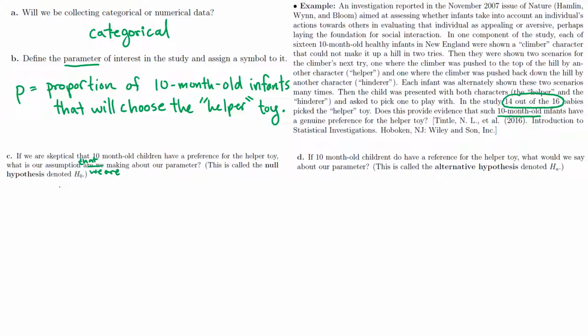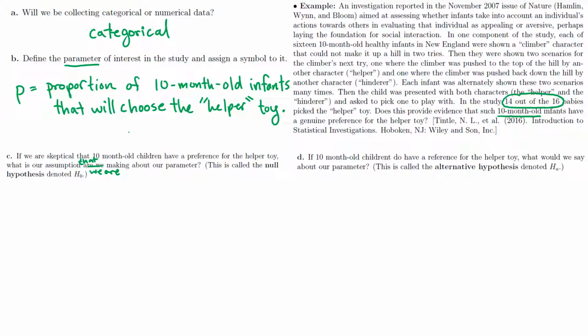So the null hypothesis, we talked about how it takes on the kind of no effect idea. Another way of putting it is it takes on the skeptical position. So I'm skeptical perhaps that this data, that 14 out of 16 of these babies picked the helper toy, means really anything for the general population of 10-month-old infants.